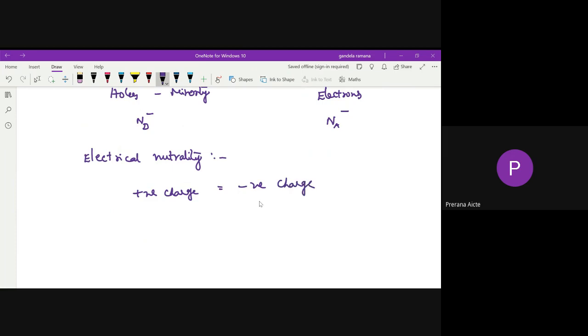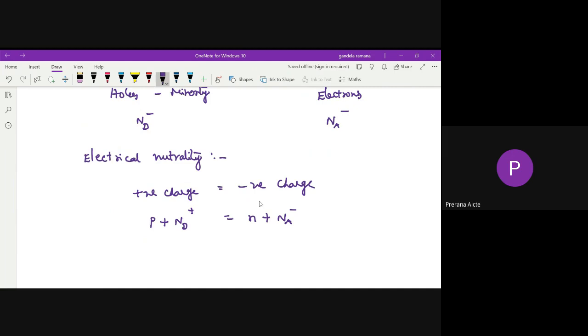So what is the positive charge? Holes plus donor ions is equal to electrons plus acceptor ions.